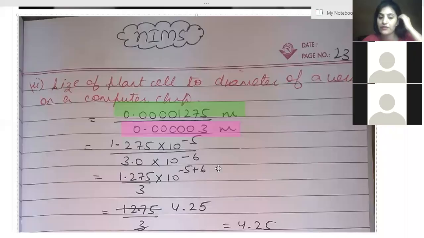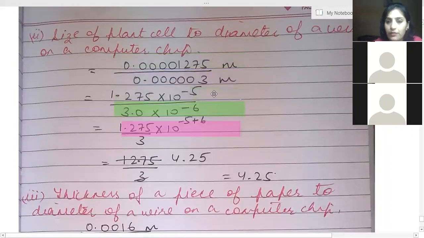Yes, the answer will be 4.25. We are going to do it in standard form. As the tens are the same, the powers will get subtracted. So minus 5 plus 1... that will come out to be 10 to the power 1. That means it will become 12.75 divided by 3. So clearly it gives us the answer 4.25.